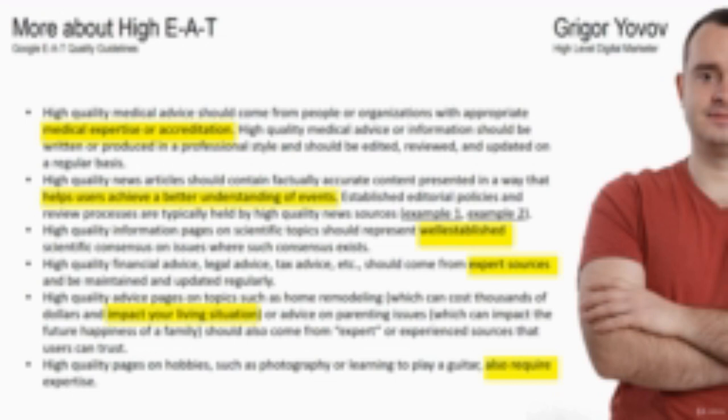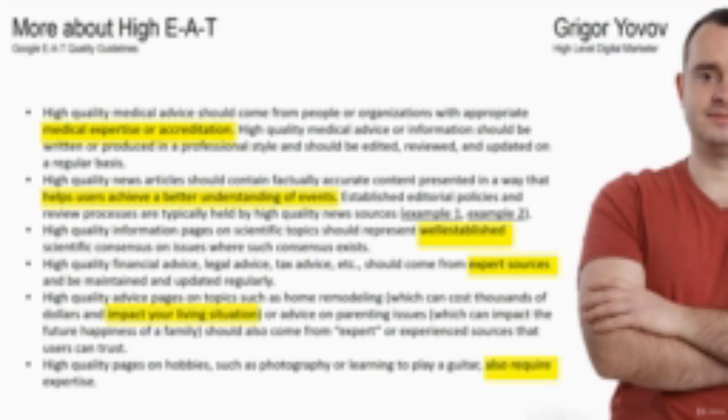High quality news articles should contain factually accurate content presented in a way that helps users achieve a better understanding of events. High quality information pages on scientific topics should represent well-established scientific consensus on issues where such consensus exists. High quality financial advice, legal advice, tax advice, etc. should come from expert sources and be maintained and updated regularly.